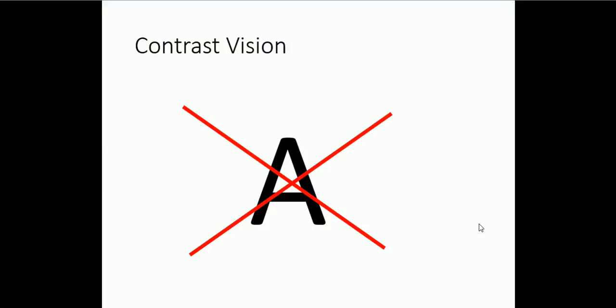The problem is that when we test someone's vision in the clinic, we're testing it with a very black target letter on a white background, and that's maximal contrast. That's really not what most people walking around encounter when they're trying to read and look at most things. We don't have this level of contrast.